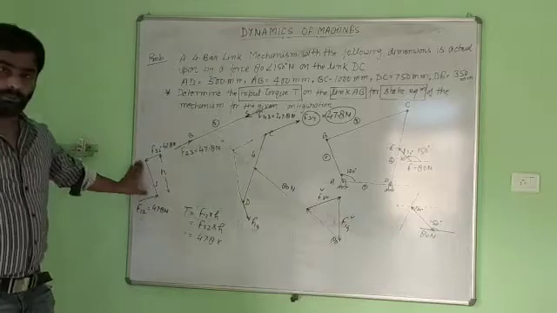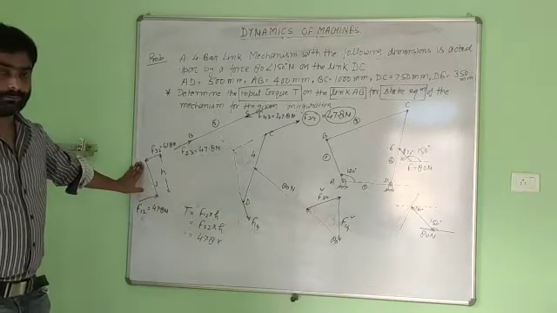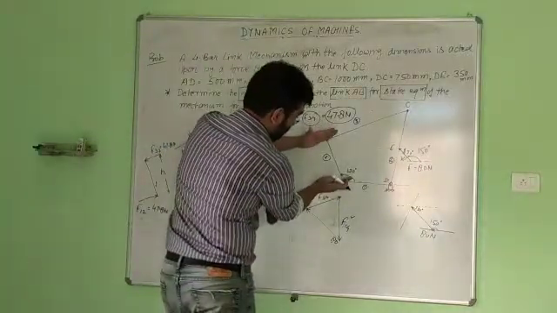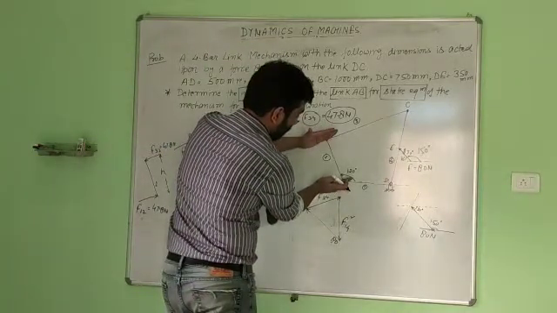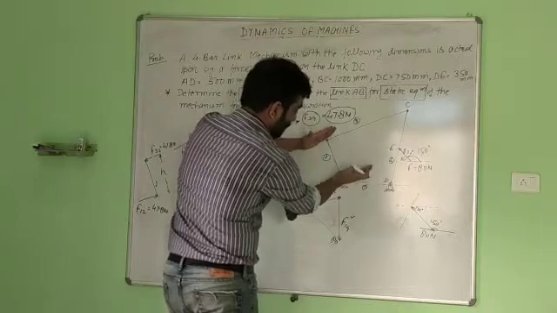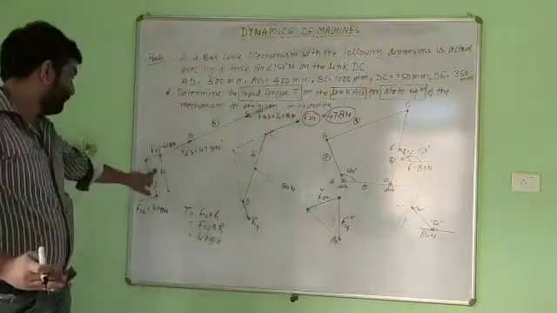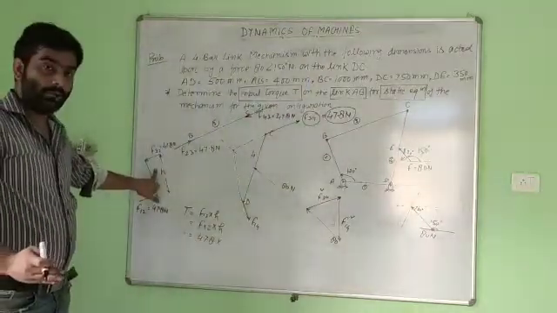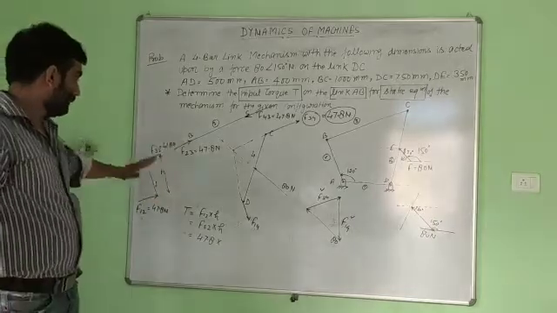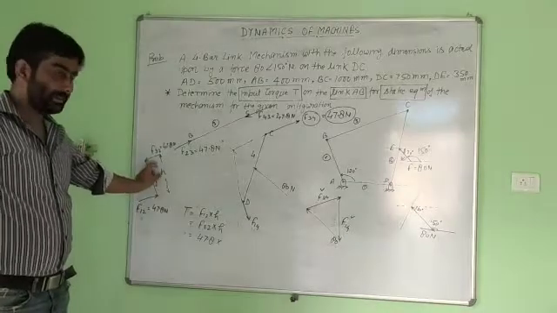That h value we will calculate from the configuration diagram. Draw a parallel line here and calculate the exact dimension of h from the configuration diagram. When we draw all the forces, we can easily calculate the value of h.